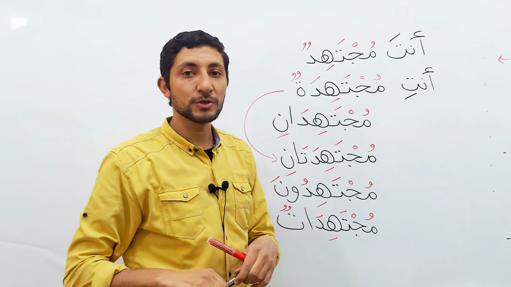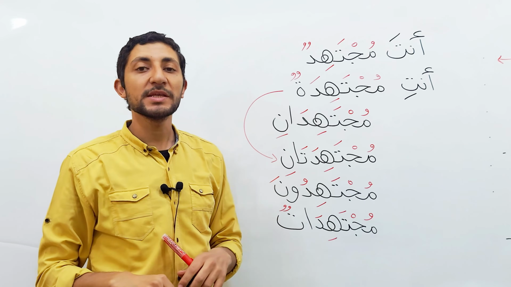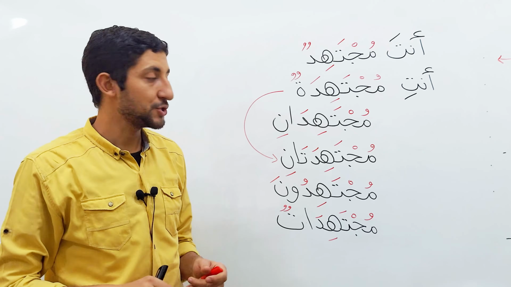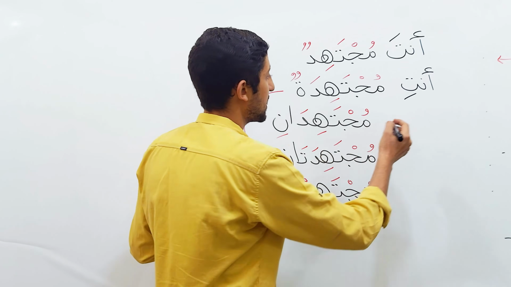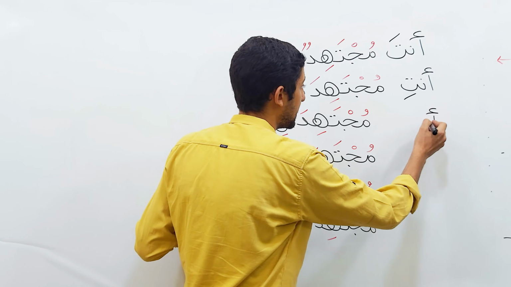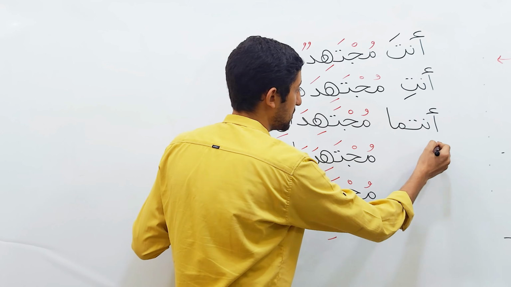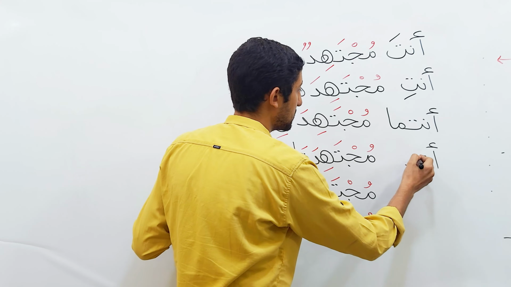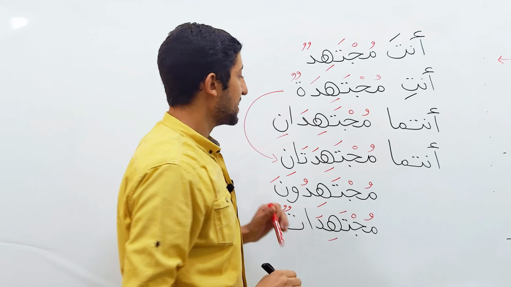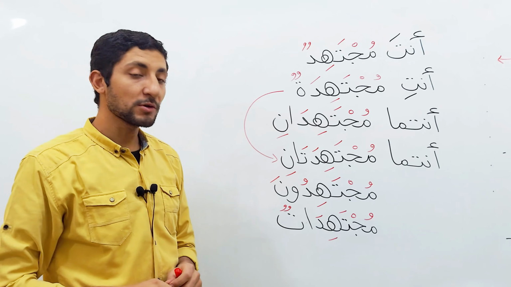What about for dual? For dual, it's only one pronoun, which is أنتما. It's used for both masculine and feminine. أنتما مجتهدان and أنتما مجتهدتان. What about for plural?